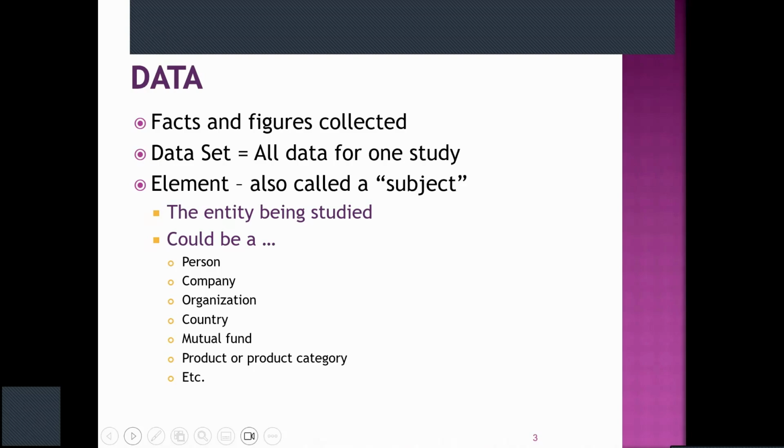So in the example, one person, whose age would be something we're interested in, would be an entity. And for all of the people that we study, we would have all of those elements. So it could be a person, it could be a company or an organization, it could be a country, it could be something like a mutual fund or a product, it could be a salamander, it could be anything.